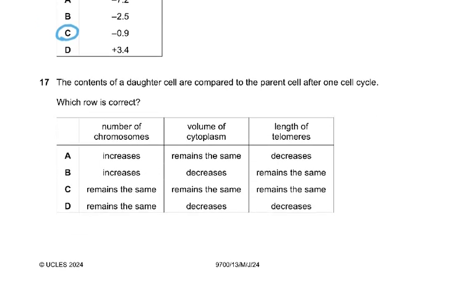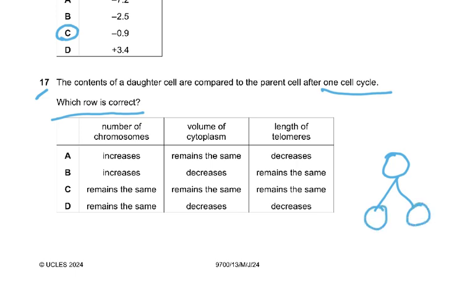Then coming to question number 17, the contents of a daughter cell are compared to the parent cell after one cell cycle. Which row is correct? Now the question is one cell cycle, so one daughter cell is compared, so there are two daughter cells now.